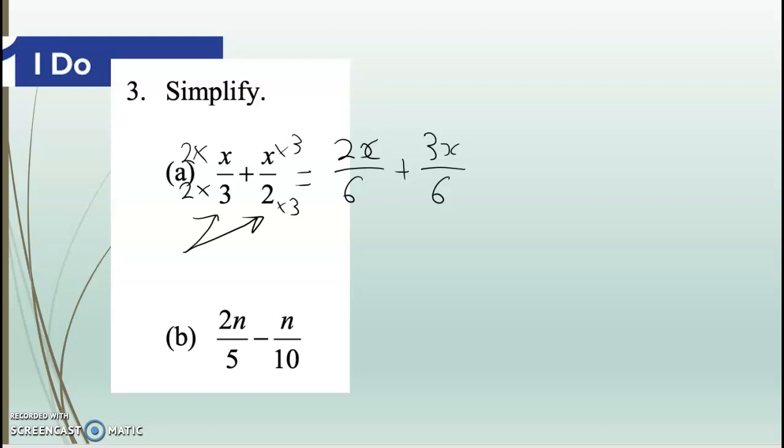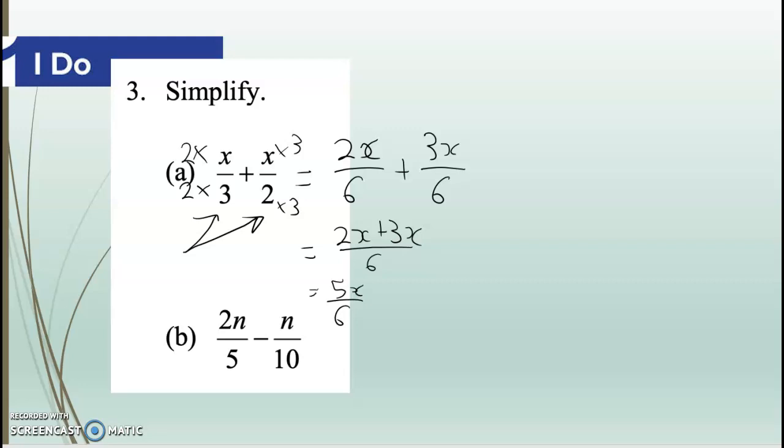And now that we've done that manipulation, we're back to a similar question to the previous one, where all we need to do now is just add the numerators. So we're going to get 2x plus 3x on the numerator divided by 6, which is 5x over 6.